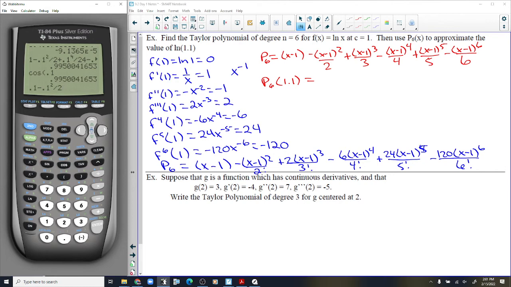And then it goes plus 0.1 to the third divided by 3, minus 0.1 to the fourth divided by 4, plus 0.1 to the fifth divided by 5, and finally minus 0.1 to the sixth divided by 6.